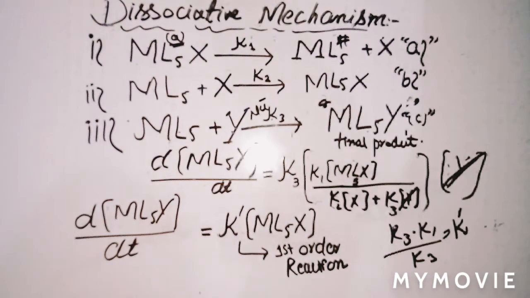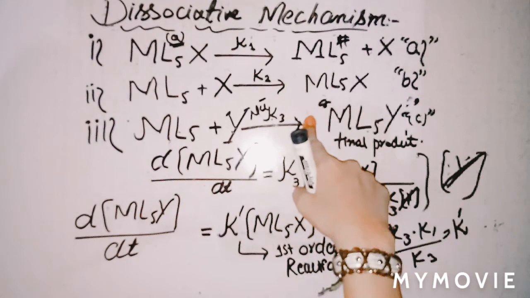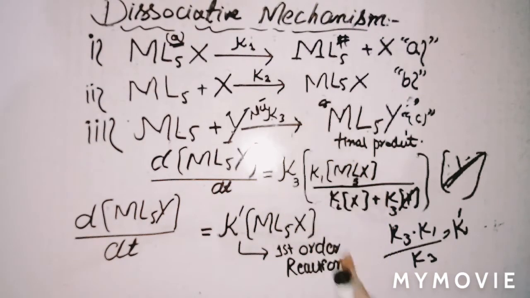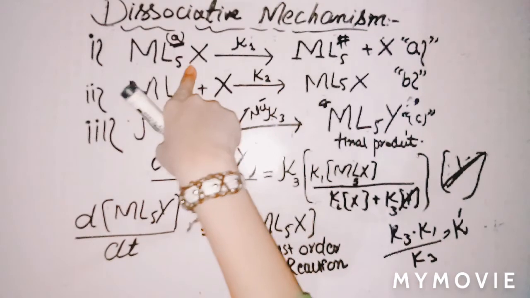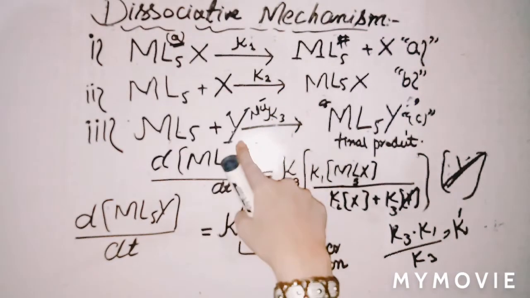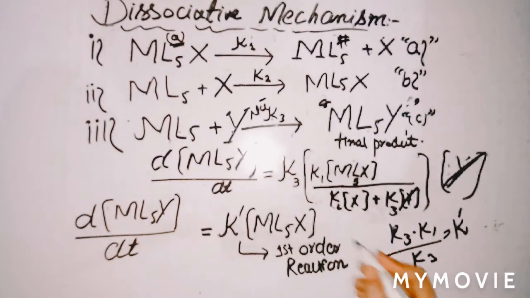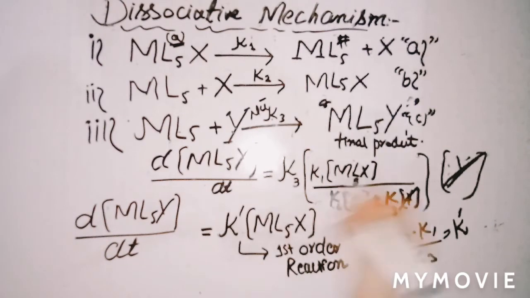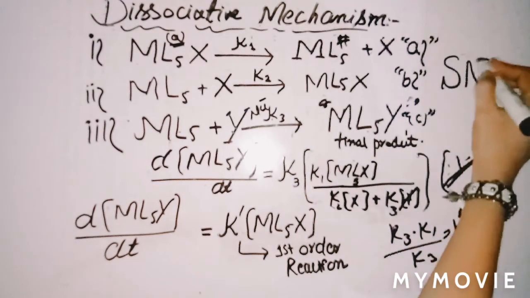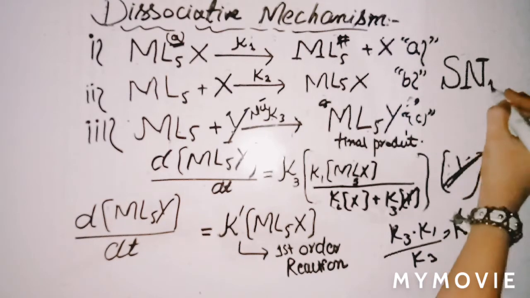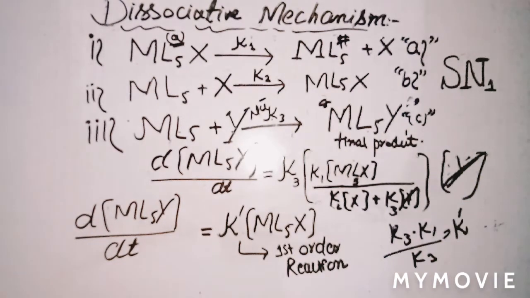By finding the order of reaction, we can easily interpret the mechanism of the reaction. As we know, such a type of reaction having first order kinetics but occurring in two steps, intermediate formation and attacking of nucleophile, is known as the SN1 mechanism.